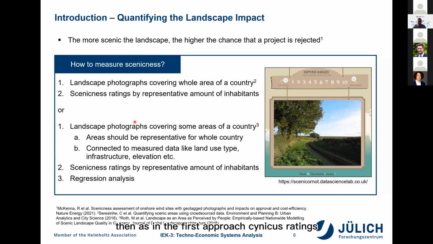Then, as in the first approach, scenicness ratings are needed for the landscape photographs. And in the third step, regression analysis would be conducted by using the metadata and thereby extrapolating the scenicness ratings to the whole country.